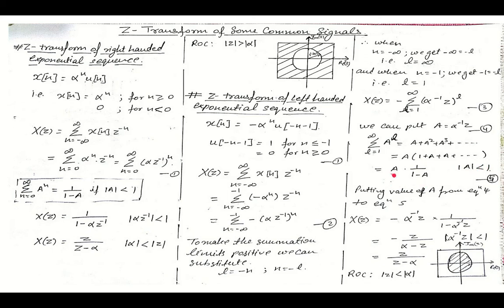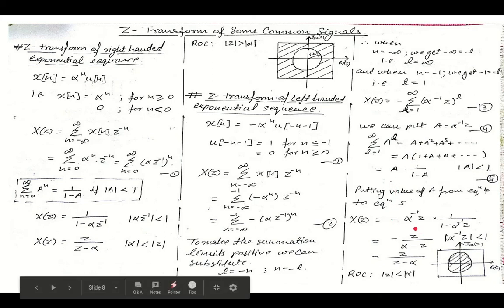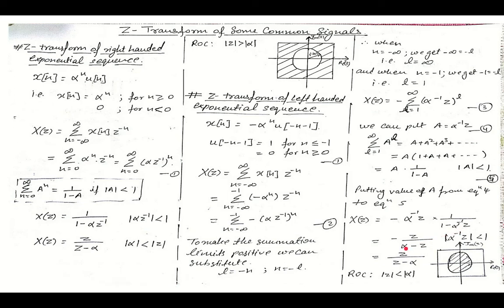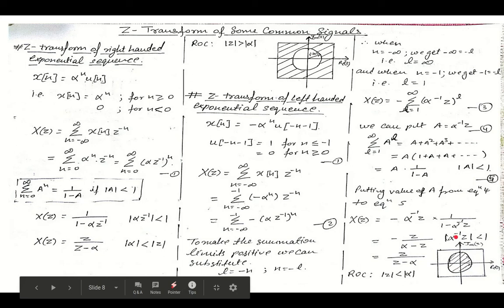So instead of this a, as we have kept the value alpha inverse z, we can put this value instead of a. So my equation will result in minus alpha inverse z into 1 upon 1 minus alpha inverse z, where mod of alpha inverse z is less than 1.